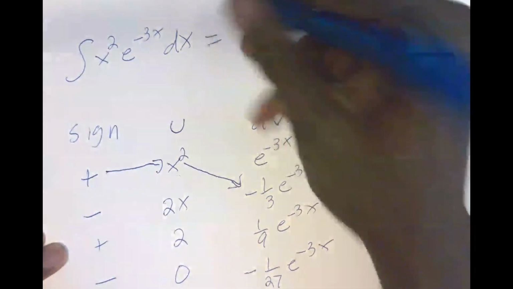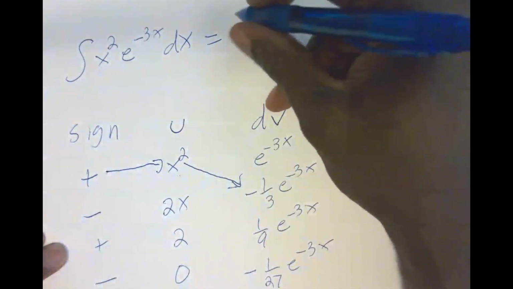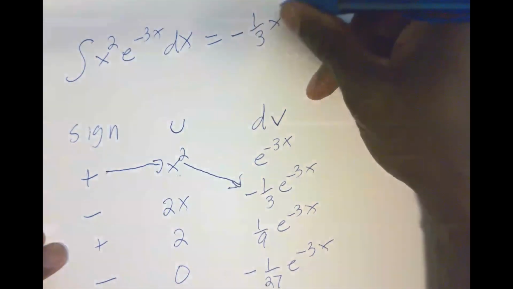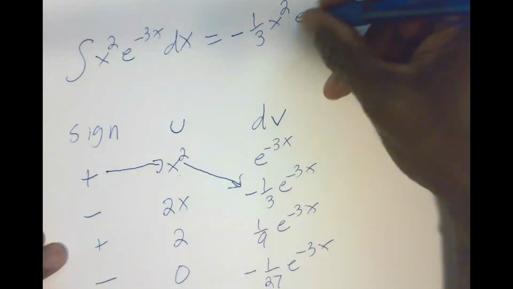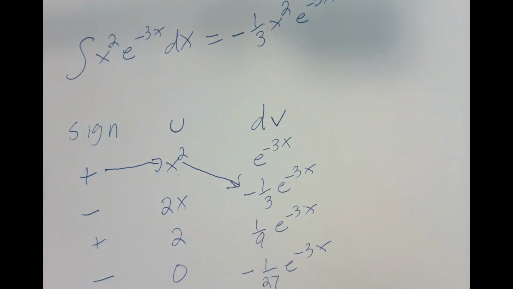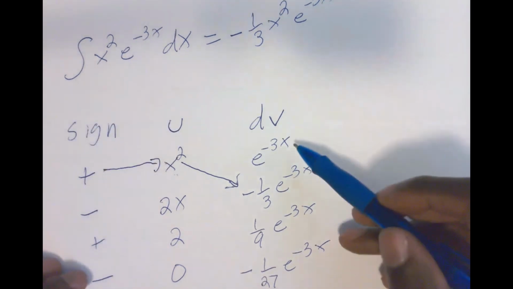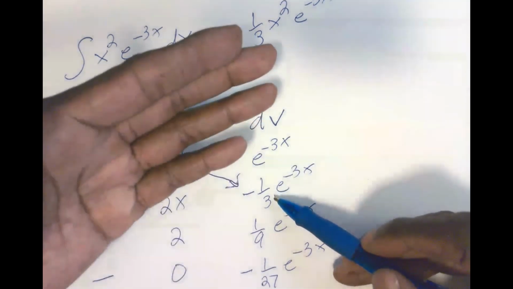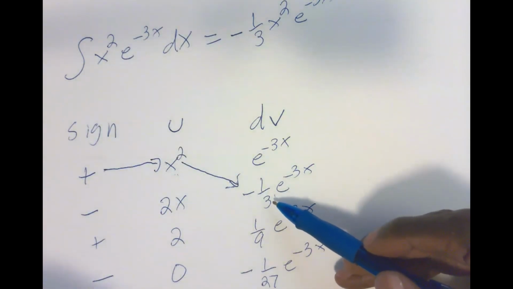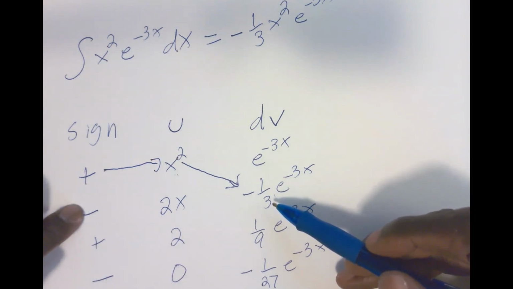Our first part is the product of these two, which will be negative 1/3 x squared e to the negative 3x. And that should make sense because the process starts off as u times v, and this obviously is u, and the first integral of this is obviously v. So that makes sense. And now you also know when you do the formula, there's a minus sign times the integral of v du. And so that's kind of where this comes from.